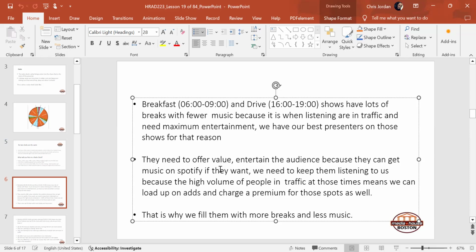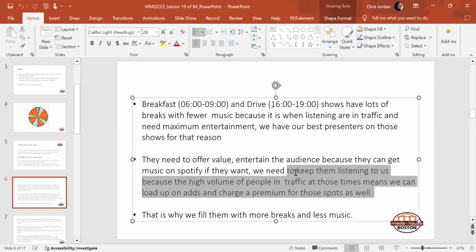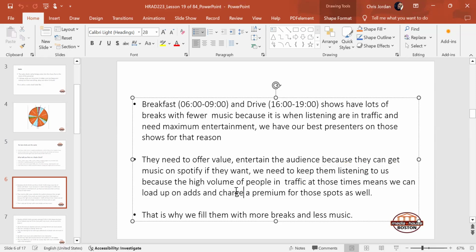So again, it's not that other shows are not aiming to add value and entertain the audience. We do that across the station and across the lineup, but again, that active audience is in high demand of great entertainment, right? And they're also very temperamental at those times, much more temperamental and unforgiving in breakfast and drive, just because of the temperament of the day, right?